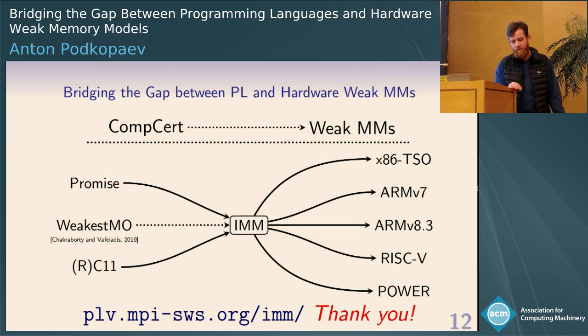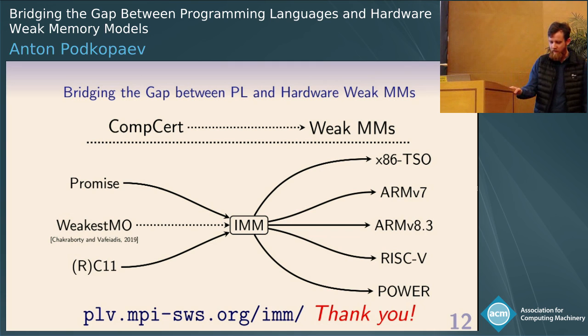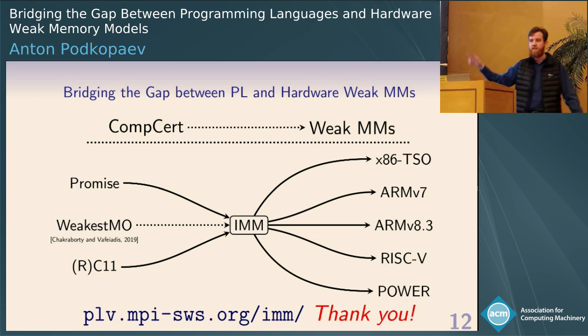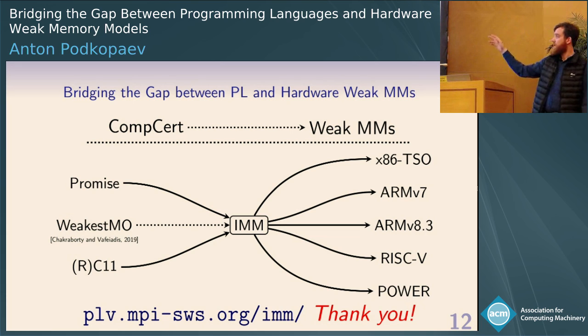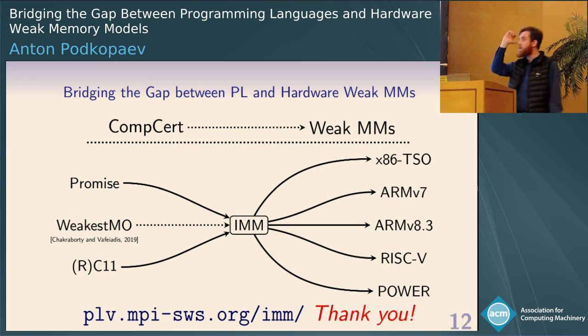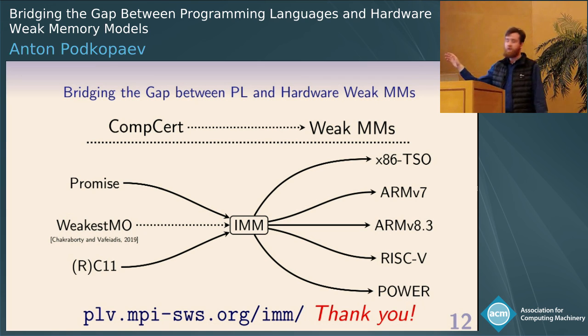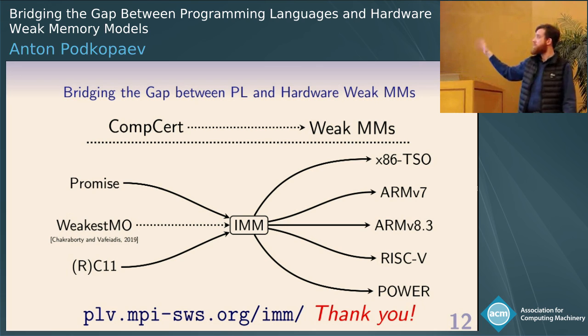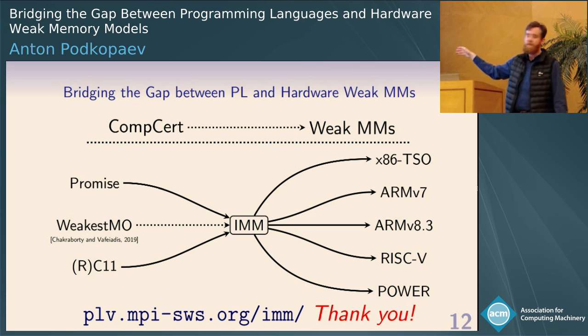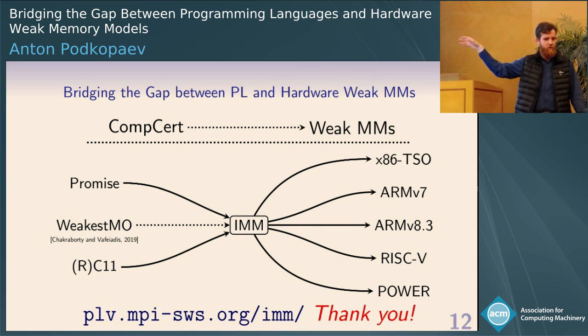However, it also depends on whether the new hardware memory models are like these ones, or completely different, or use some features which are not in IMM yet, then it might be harder. For example, currently we do not support non-atomic accesses because in these memory models they are indistinguishable from relaxed accesses. But if, for example, we want to add the Itanium memory model, then we'll have to make some changes in IMM.